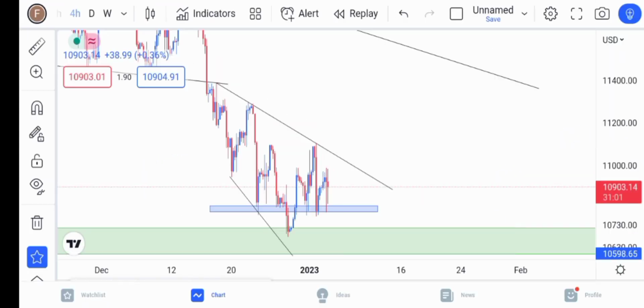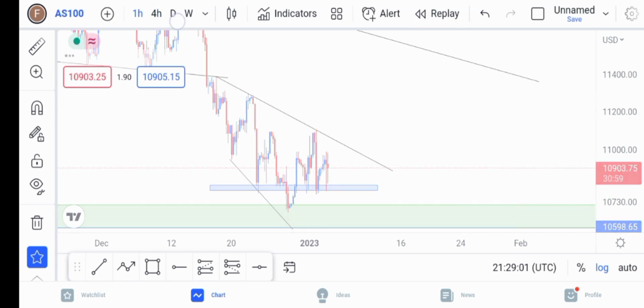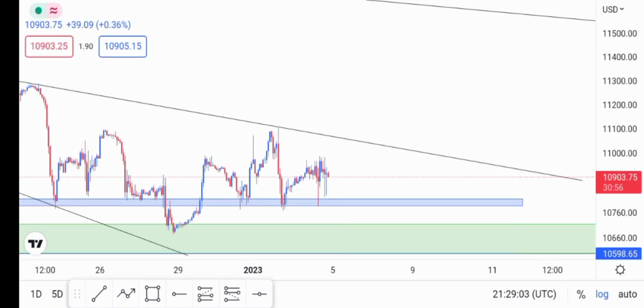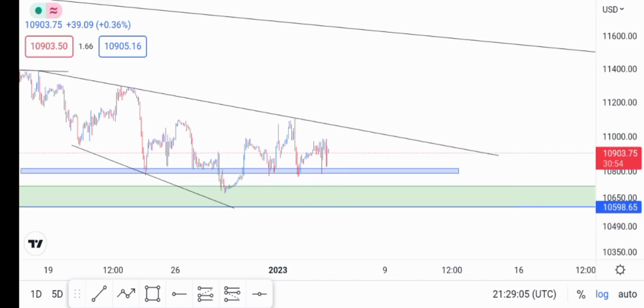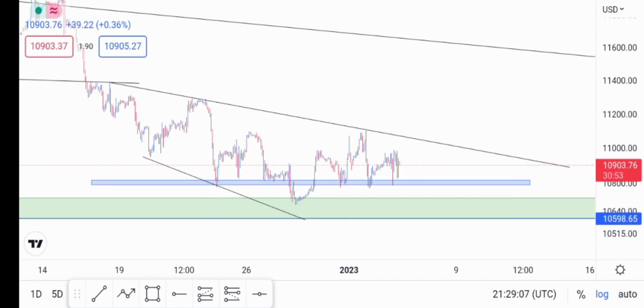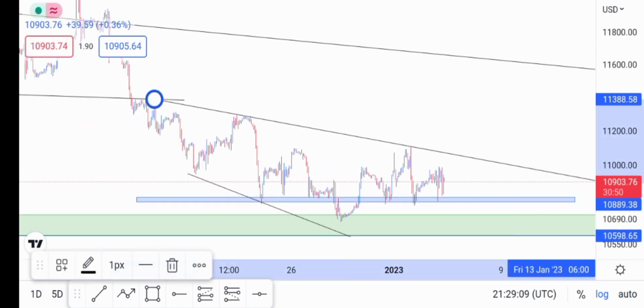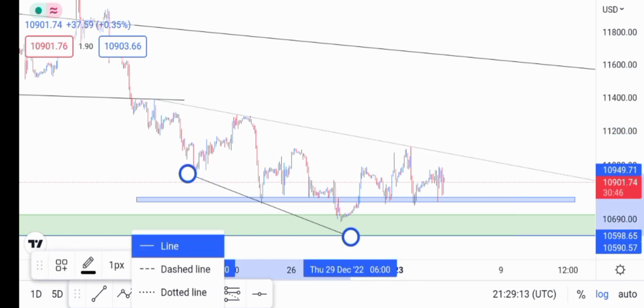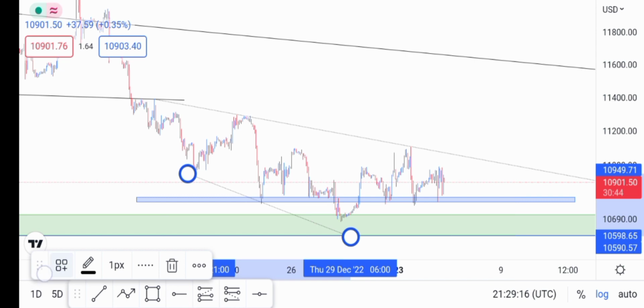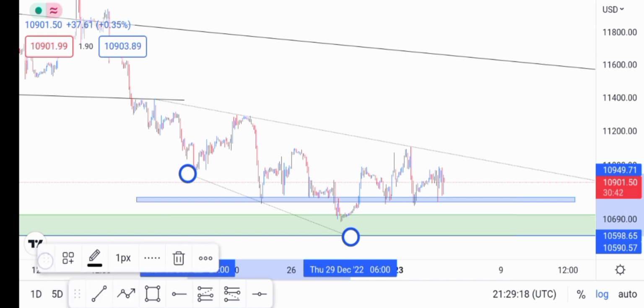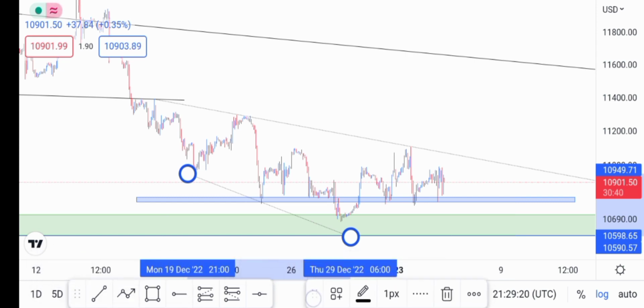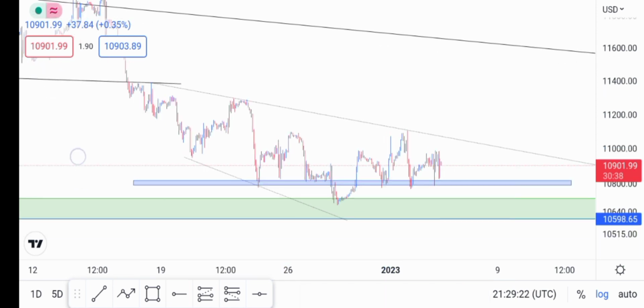So let me move to the 1-hour time frame. I want to confirm something. I'll just fix my trend lines. Let me use the dotted lines so I can see everything clearly. What am I seeing here?